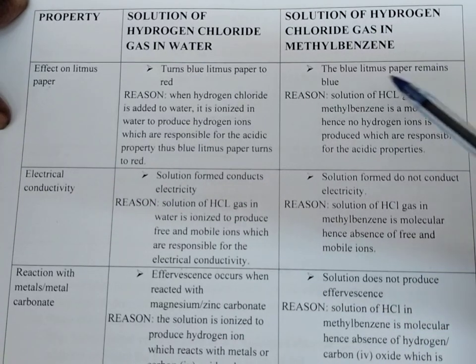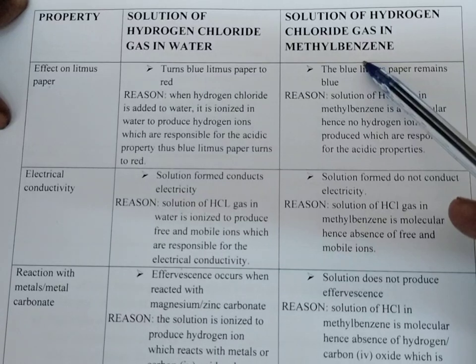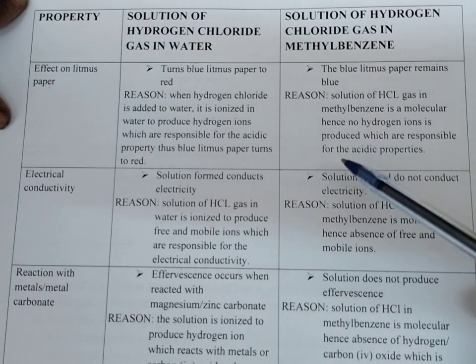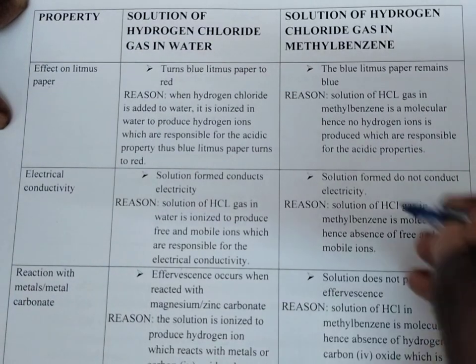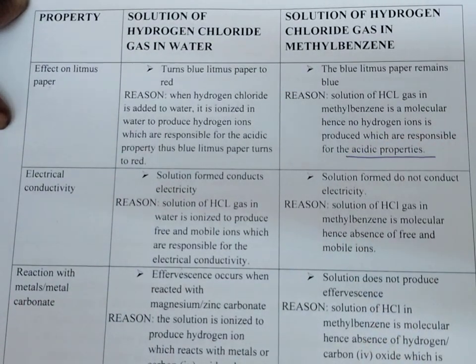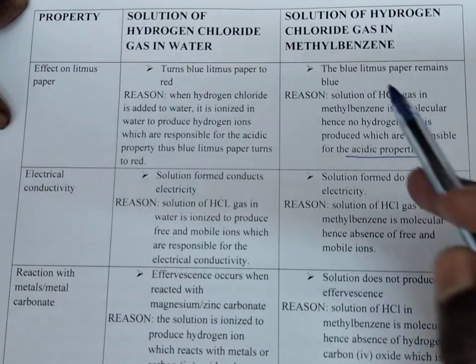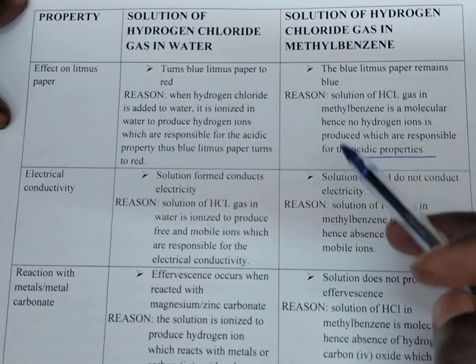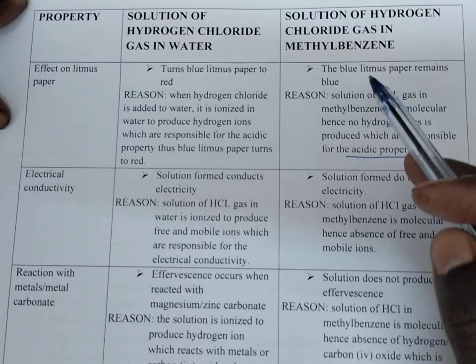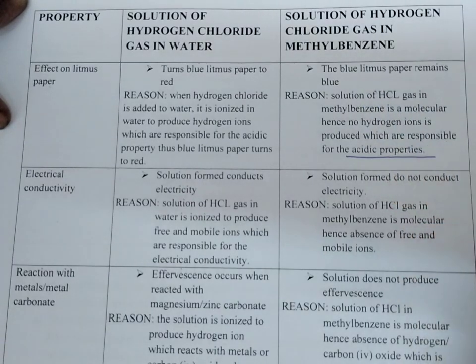Hydrogen chloride gas does not dissociate in methyl benzene to produce hydrogen ions. If there is no production of hydrogen ions, there is no acidic property. The acidic property, that is the production of hydrogen ions, is what will turn the blue litmus paper red. So if there is no production of hydrogen ions, the solution remains blue.